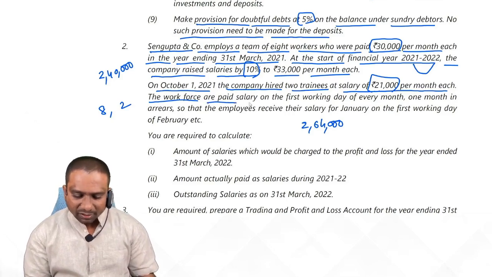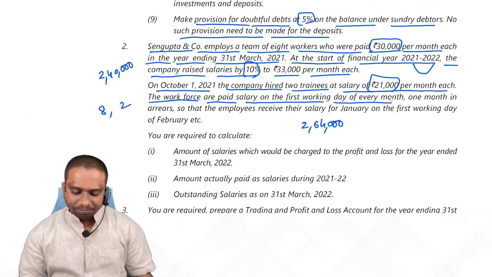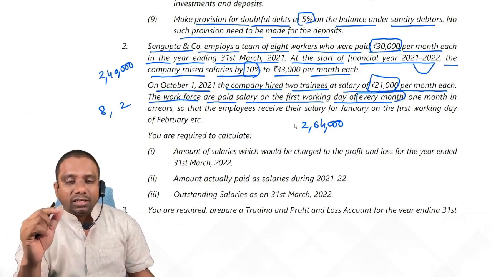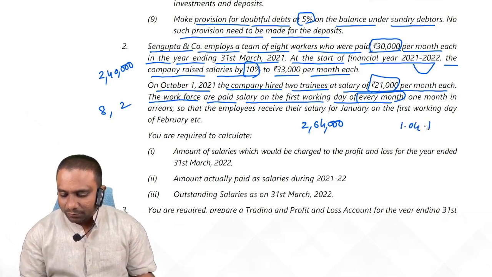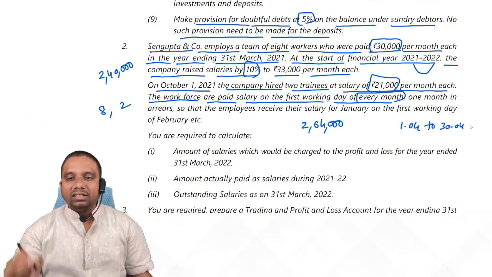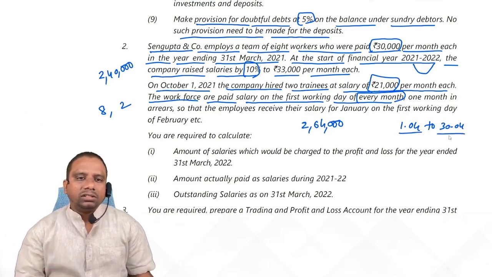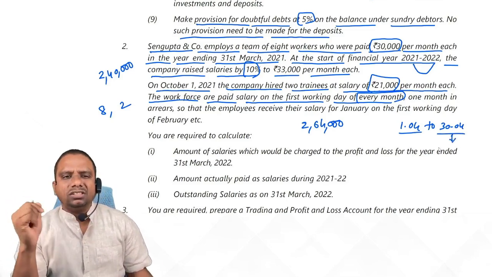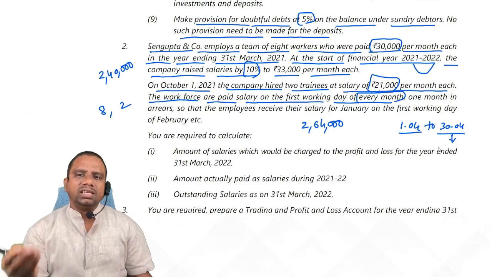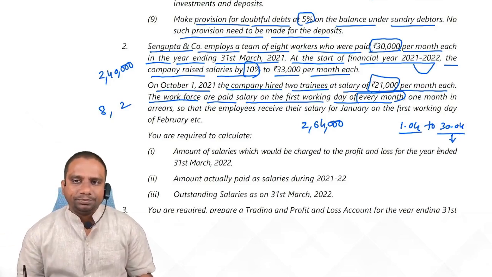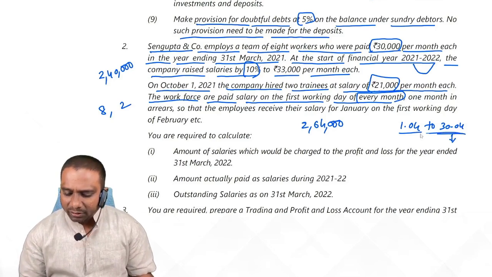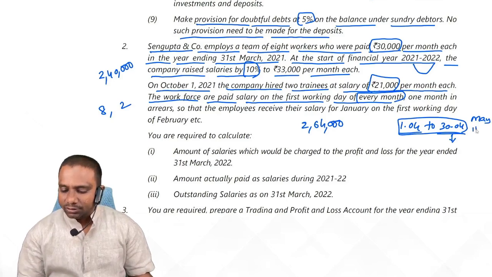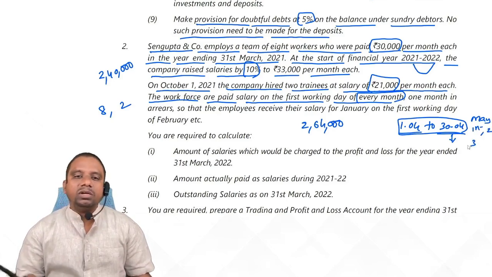Next, salaries are paid on the first working day of every month. What is the meaning of this? Suppose for 1st April to 30th April, this is month beginning and month ending. Generally, salaries are paid at the end of each month, because salaries accrue and are paid. But some organizations pay this month's salary, April's salary, in the month of May, maybe on the first or second or third day, or within 1 week.